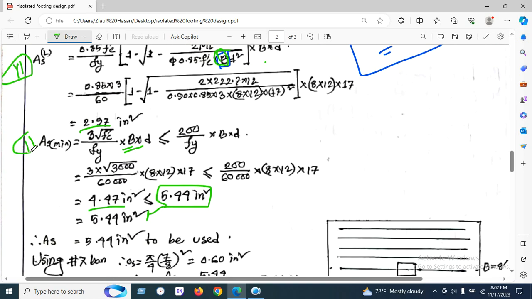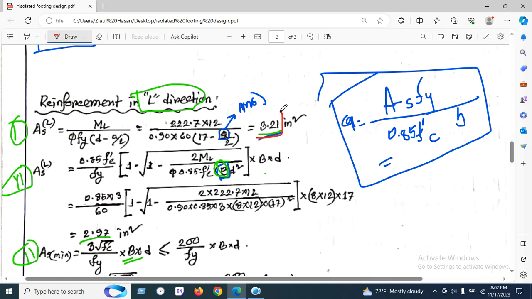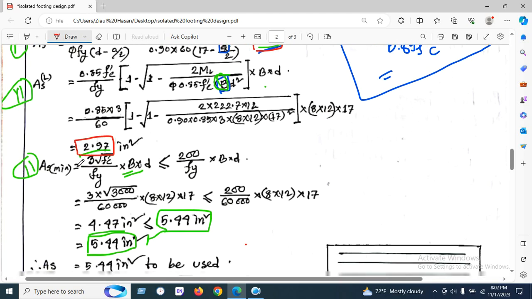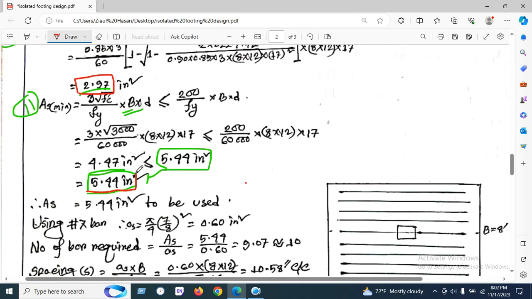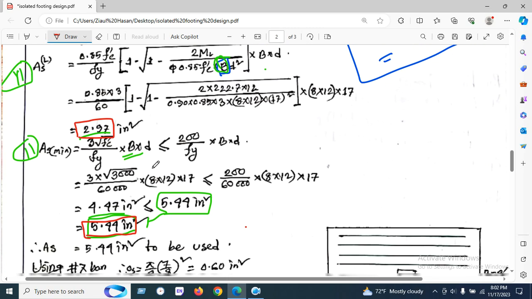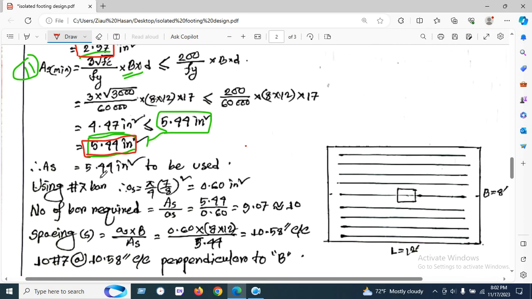Of all three values we take only the maximum. Denoting in red, at first we found 3.12 inches square, another 2.97 inches square, and another 5.44 inches square. Of the three, we take the largest value, so we use 5.44 inches square.